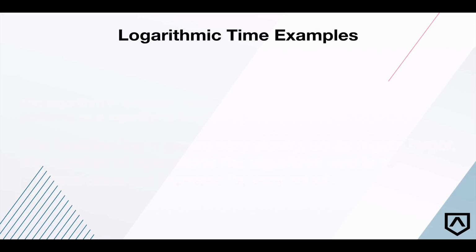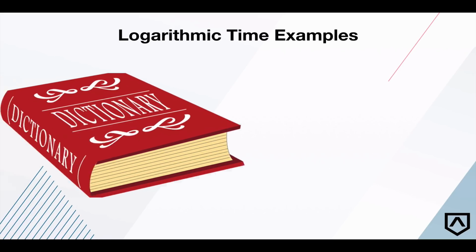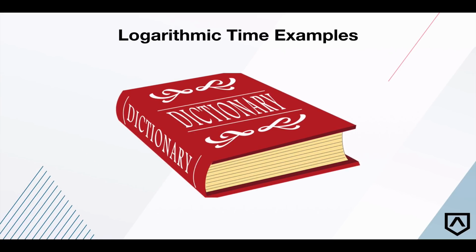Let's look at some examples or analogies. When we're looking for some entry through a dictionary, we don't need to open the dictionary to page 1, look at all the entries, flip to the next page, and keep going until we find the entry we're looking for.